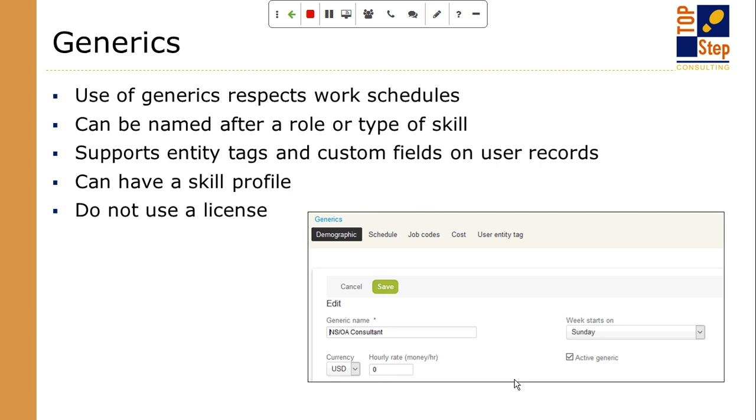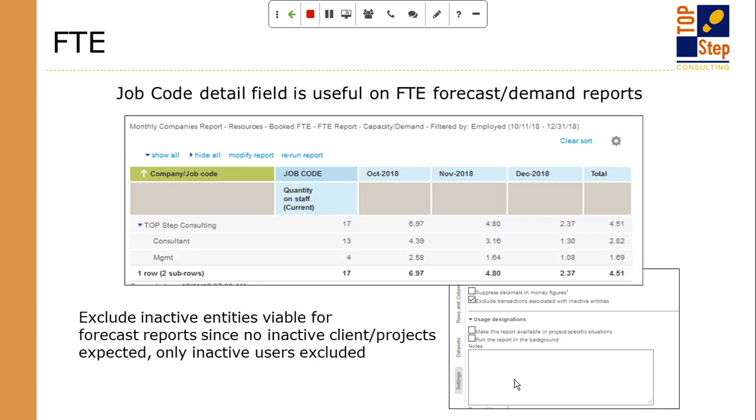You can use a generic and get a report like this, where we're doing a forecast based on the scheduling of information using generics, and the generics have a certain job code or job category like consultant or management, and that forecast out can indicate the number of headcount that we need to deliver that work, and that generic can to deliver against this type of number.